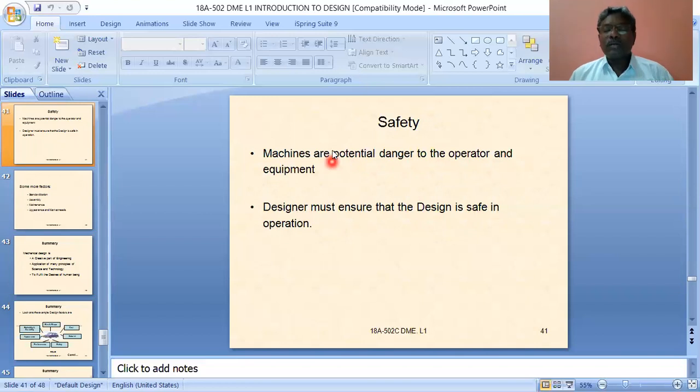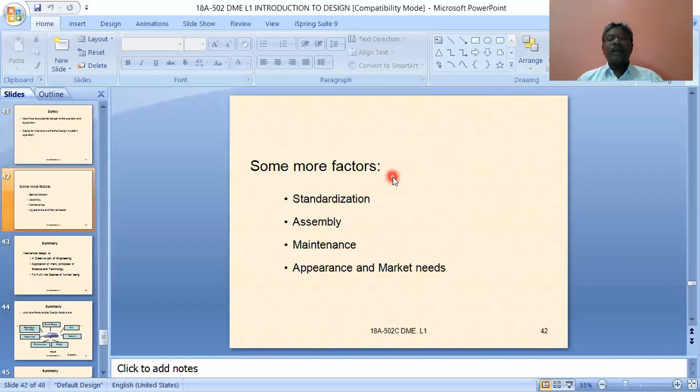So safety is also another parameter that you must remember. These are some of the factors, and mechanism is also another factor, and some more factors are standardization, assembly, maintenance, appearance, and market needs.